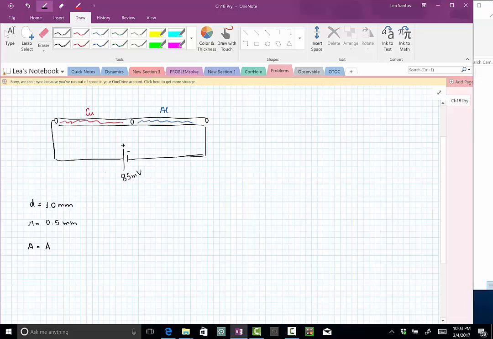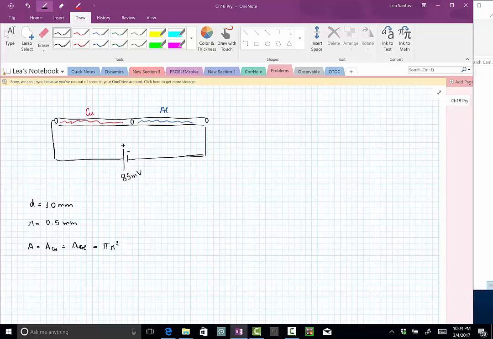The area is the same for the piece of copper and the piece of aluminum. Now this radius does not change, so this area is just pi r squared. We know the length, as we said, is 5 meters each piece.